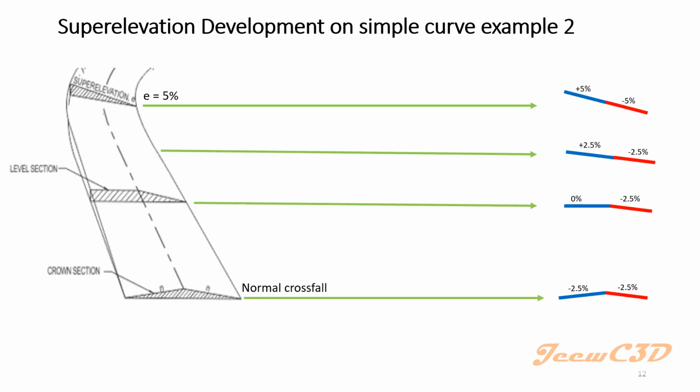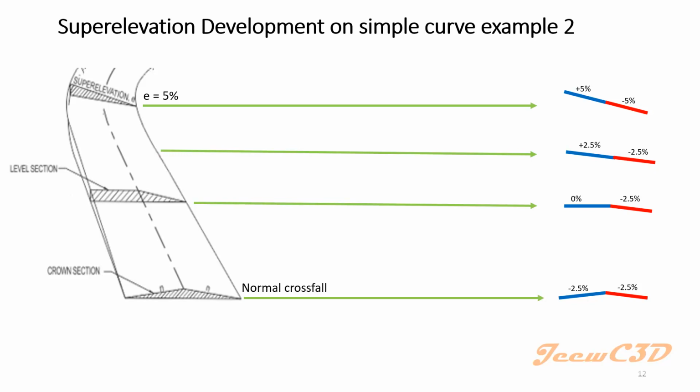This time you have normal crown, and once you get the super elevation, your value would be +5. That is a sharper curve. Your left side would be rotated from -2.5 up to +5, and your right side goes from -2.5 to -5. When calculating the super elevation development length, you always have to select the largest change.